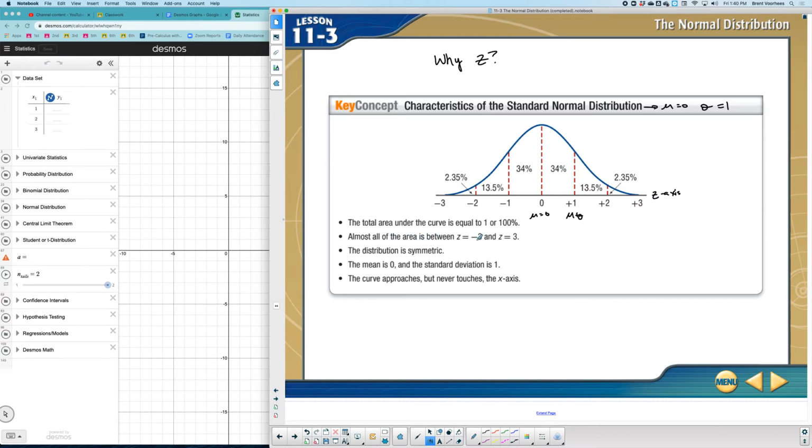So within 3 standard deviations to the left and right, you will have approximately 99.7% of your data. The total percentage would be 100%. It's symmetric. Mean is 0, standard deviation is 1, like I said, and this curve approaches but never actually reaches the x-axis, or z-axis if you want to think of it that way.